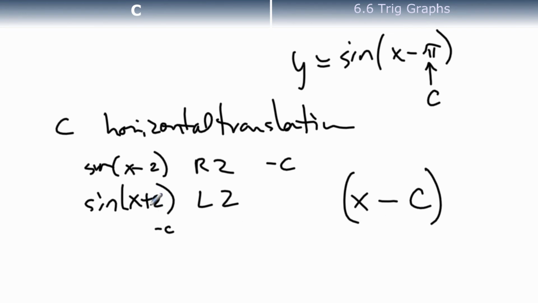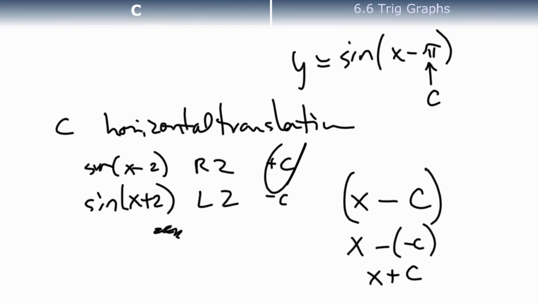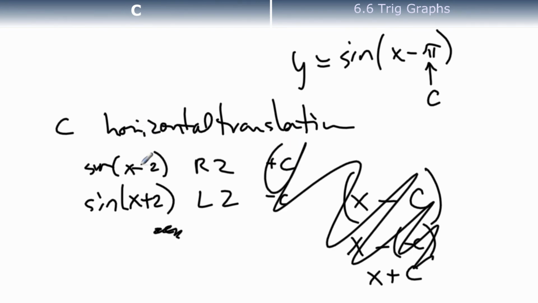Then in order to get a positive there, it has to be x minus a negative c. And that cancels each other out. So really, this one here is a positive c, and this one here is a negative c. But that might be too hard to remember, so don't worry about that. Just remember that if there's a minus sign in there, it's going right. If there's a plus, it's going left.